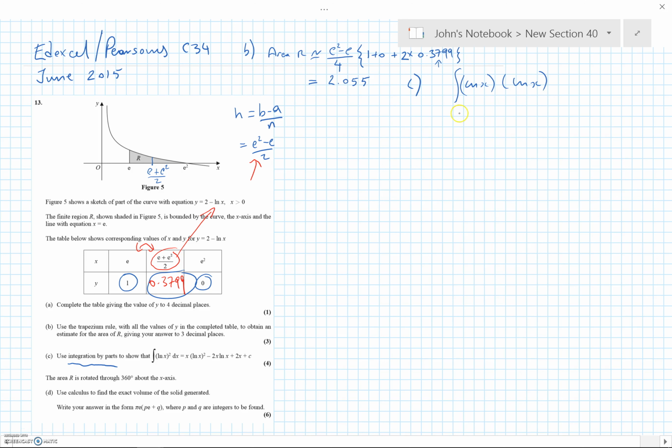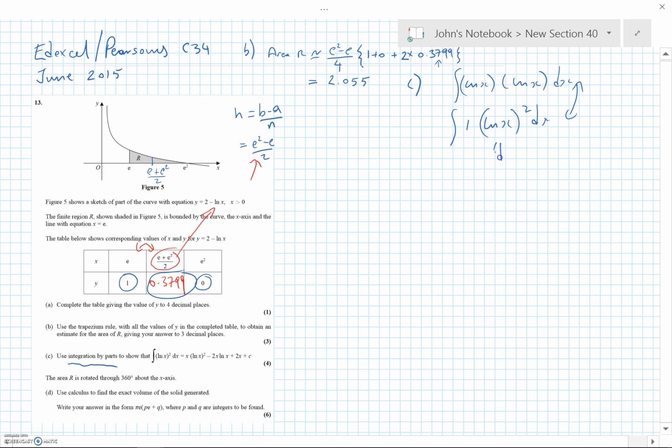Some do it by 1 times ln x squared. I've even seen a substitution employed of u equals ln x, and it works out by parts. Now, really these two are the most common, and probably more students have gone for the first one, and there's no reason why we shouldn't, so that's what I'm going to do.